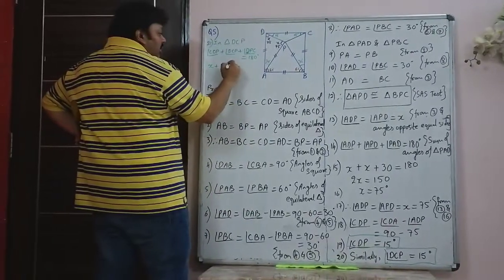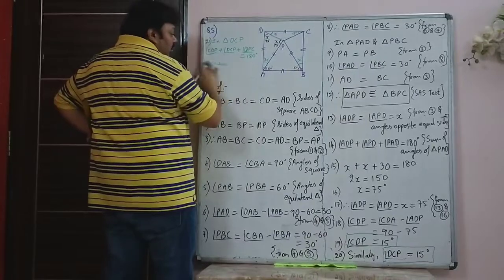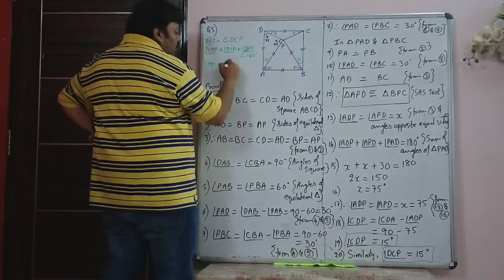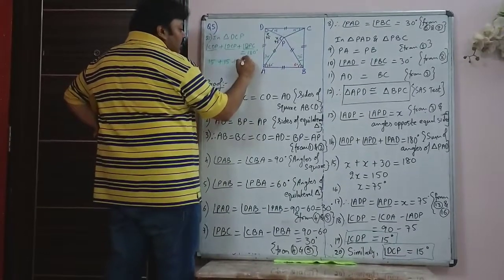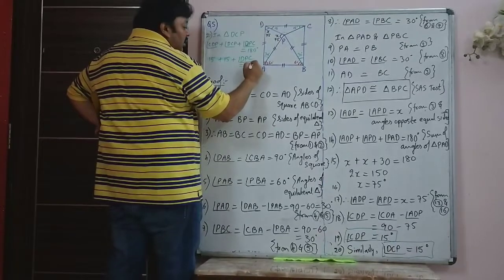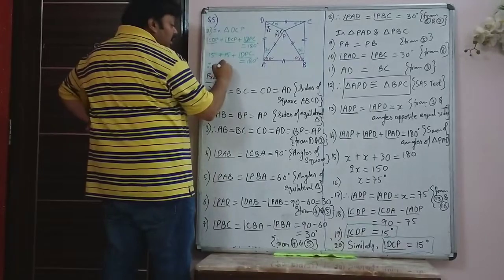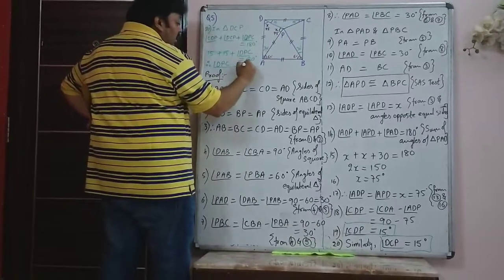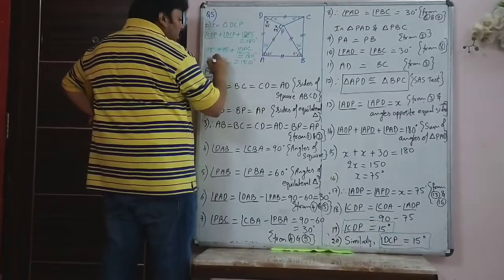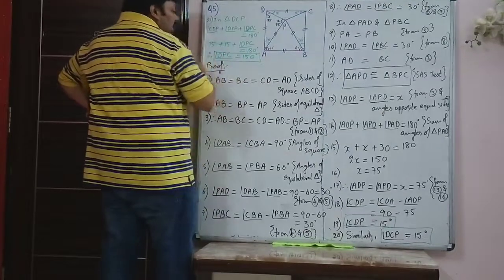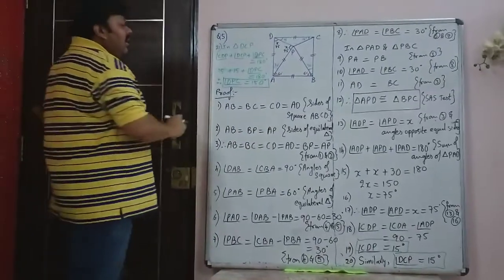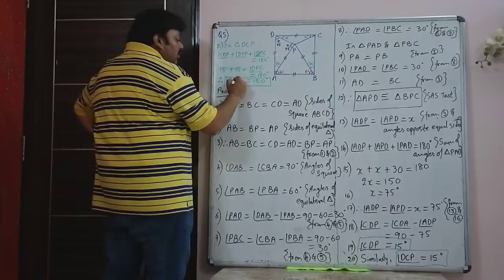So x plus x plus that angle, so you can say 15 plus 15, because you have already proved that, plus DPC is 180 degrees. So you can say that angle DPC is 150 degrees.